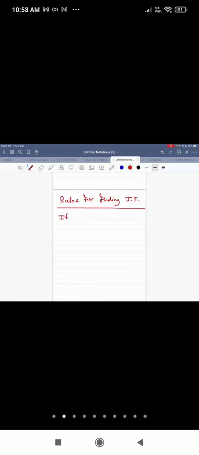Okay, 4 rules I'll write. You just have to write them in your notebook. So let M dx plus N dy equal to 0 be a non-exact differential equation.